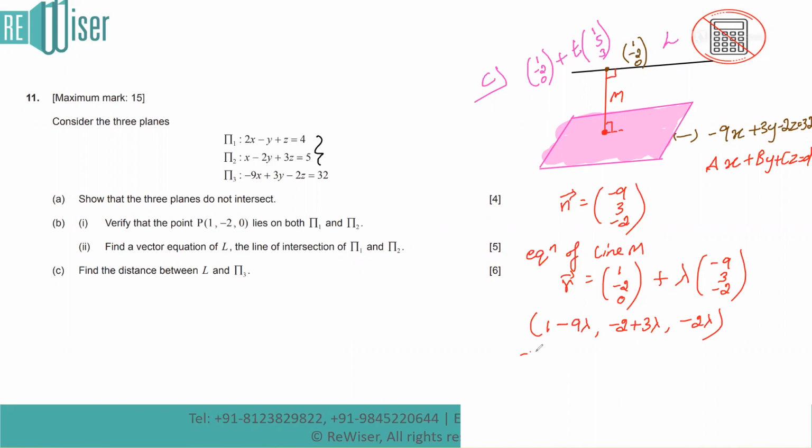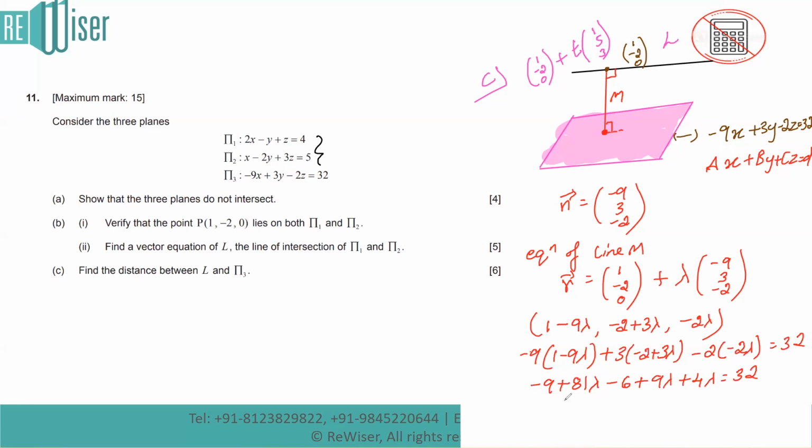So when I do that, it's going to be -9 times (1 - 9 lambda) plus 3 times (-2 plus 3 lambda), then -2 times (-2 lambda), and this is equal to 32. Now, when I simplify this, it's going to be -9 plus 81 lambda, -6 plus 9 lambda, then plus 4 lambda is equal to 32.